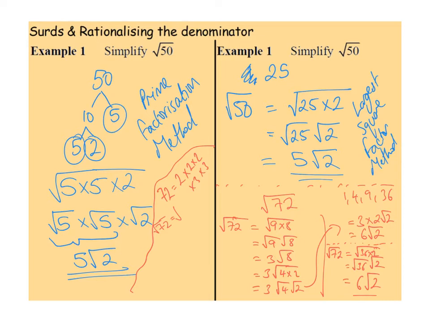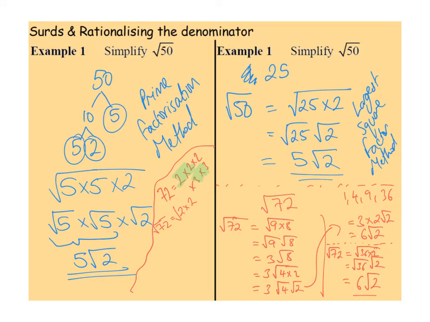So I've got a pair of 2's that I can match up there. So that's going to be root 2, root 2. Then I've got a pair of 3's that I can match up here.